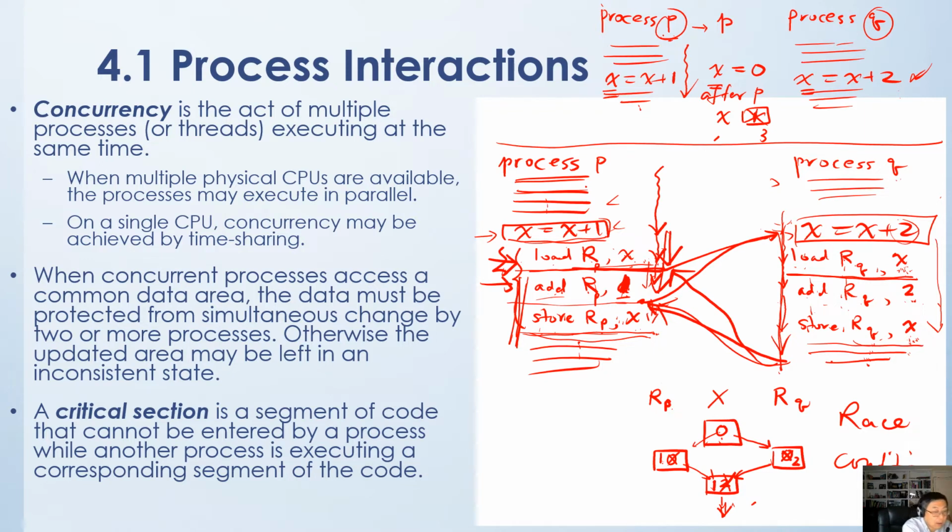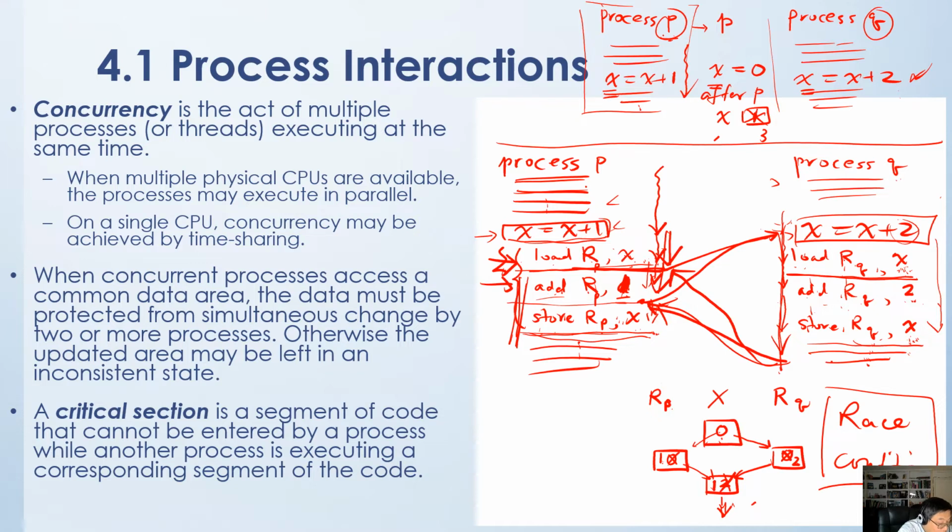We assume that after the execution of process P and process Q, X should be incremented by 3, because process P increments X by 1, and process Q increments X by 2. So I expected that the final value of X is going to be 3 after I complete both processes. Now what we find is the result could be different. It's unpredictable. That's a race condition.